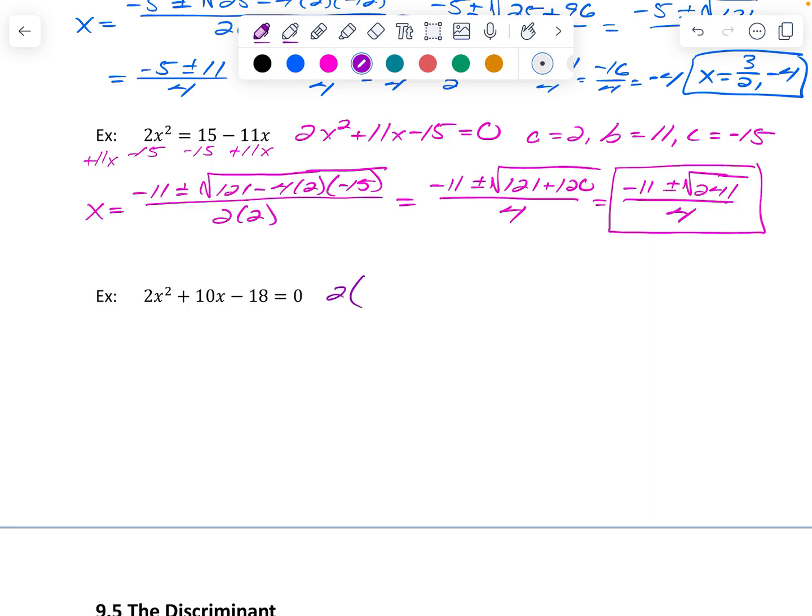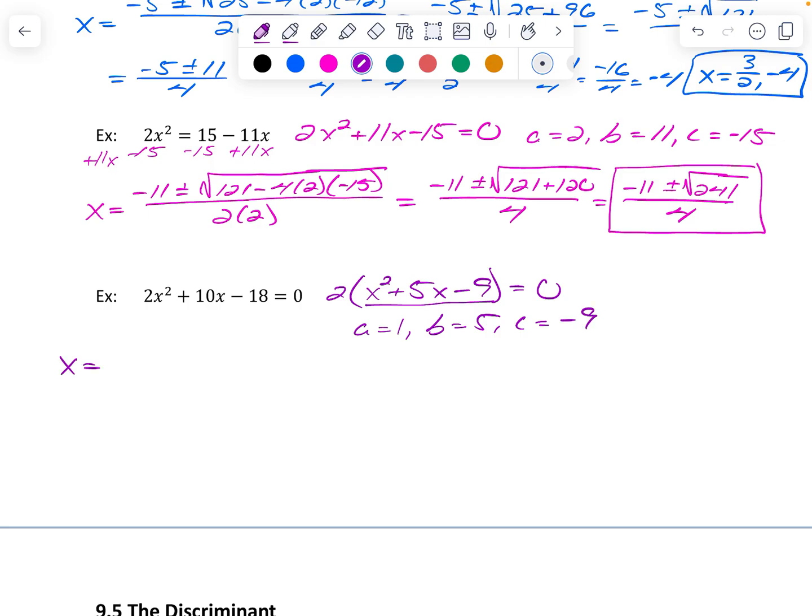So if we factor out a 2, that gives us x squared plus 5x minus 9 equals 0. And so if we do that, we can just do that part. And so in that case, A is 1, B is 5, C is negative 9.